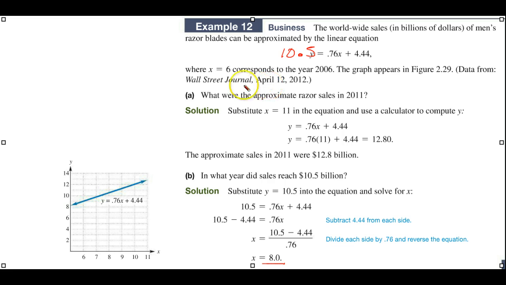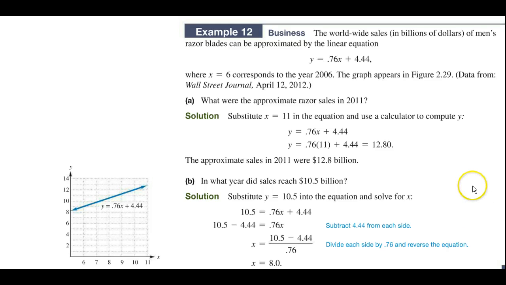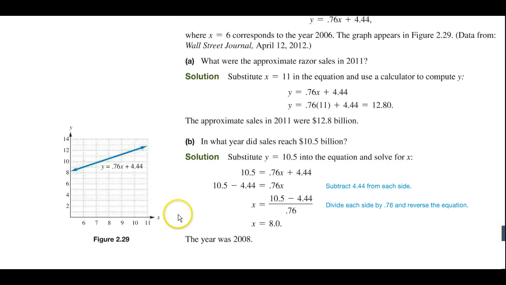Well, remember, we start off with x is 6 at 2006. So we have to subtract 6 from that. Then we add 2 years to this, and the answer is 2008. We'll see that as we bring it up just a little bit. Right there.